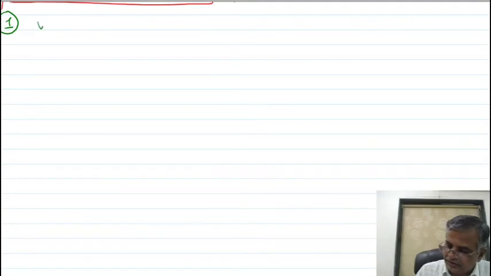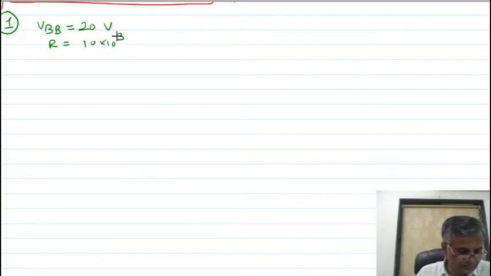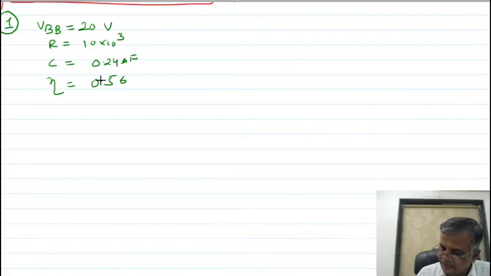For a UJT relaxation oscillator, VBB is 20 volt, the value of R is 10 kilo ohm, and the value of C is 0.24 microfarad. Take eta as 0.56. Find out the value of frequency.